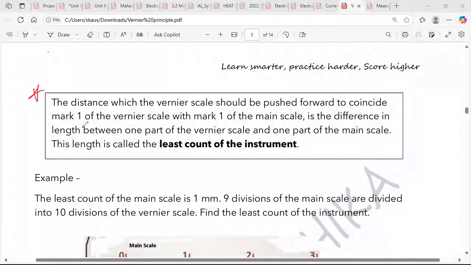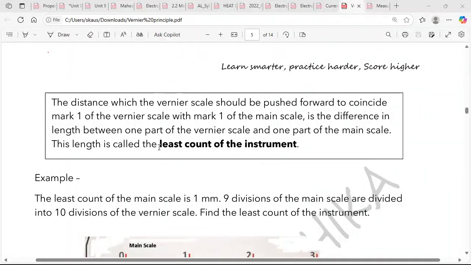There's no numbering as Mark 1. It is the difference in length between one part of the vernier scale and one part of the main scale. It's better shown using a visual representation, just like we did, rather than just studying this. Understand and remember what the least count is. That's the least count for the instrument.